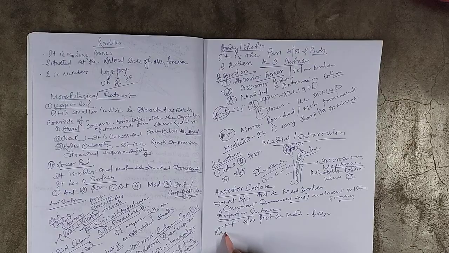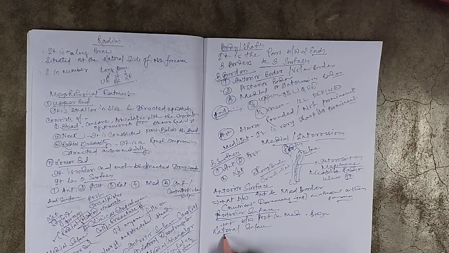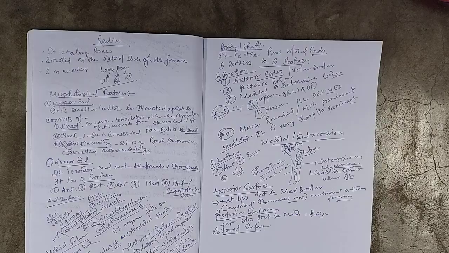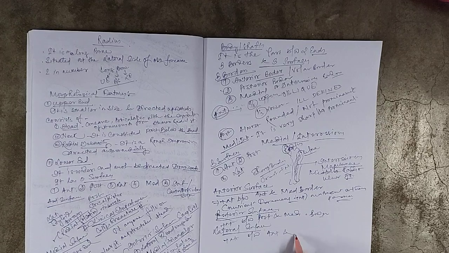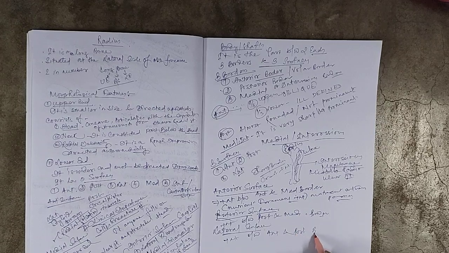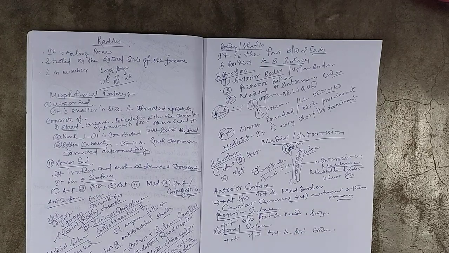Then comes the lateral surface. The lateral surface is present between the anterior and posterior border, and this surface is rough and rounded.